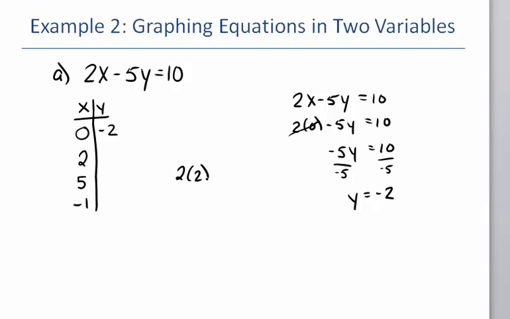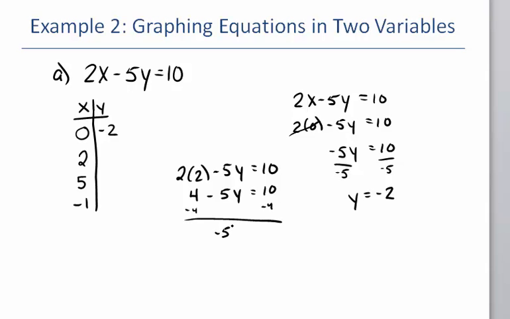So we'll take our equation, and we'll plug a 2 in for the x. 2 times 2 is 4, minus 5y is equal to 10. We're going to subtract the 4 from both sides, which leaves me -5y is equal to 6. And divide both sides by -5. So y is equal to -6 over 5.